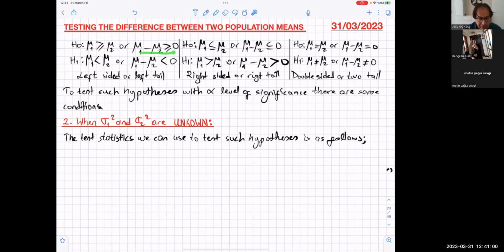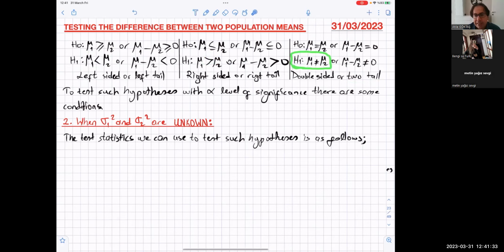Since this is left-sided, on the right side you change the comparison sign from less to greater. And for the double-sided or two-tailed test, you will construct the alternative hypothesis mu1 is not equal to mu2.